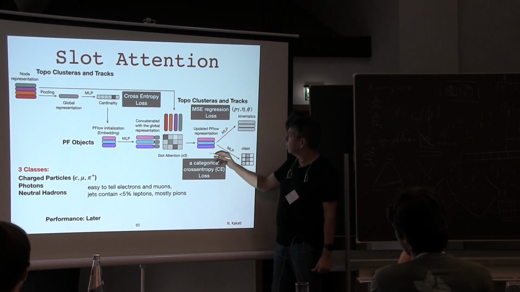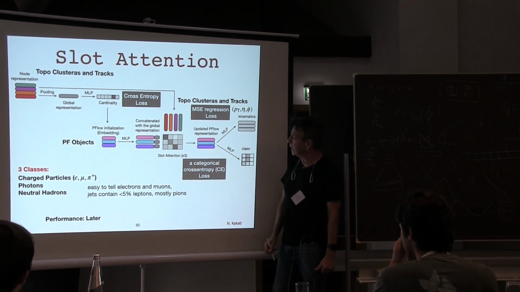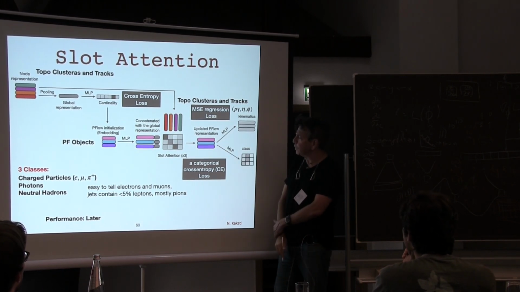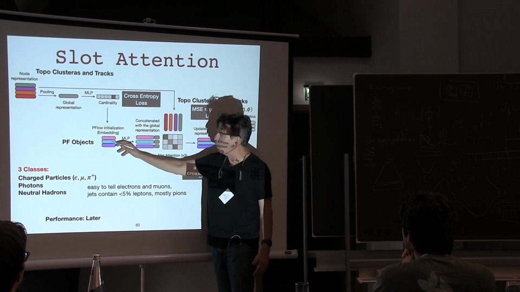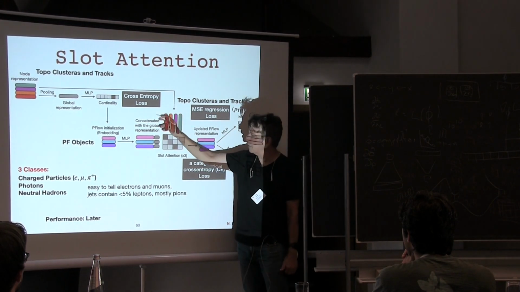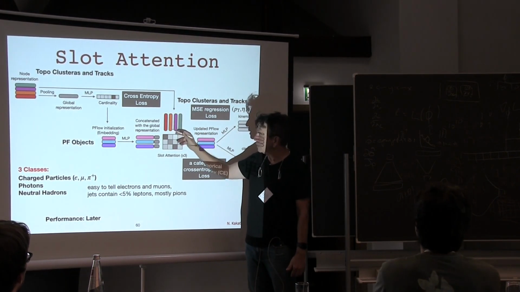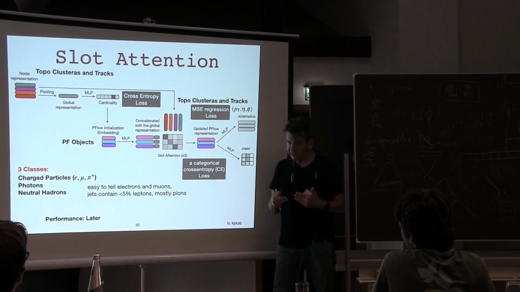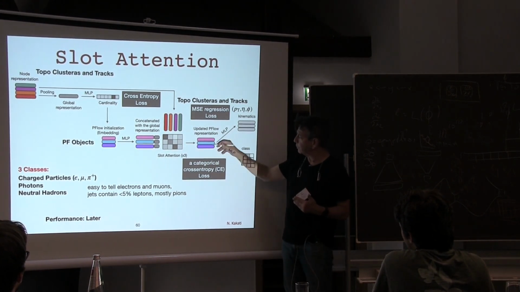So here we have now our final output from the slot attention, which means that these are the particle flow objects that were attended to by the cells and tracks with the right amount. It learns it, and it gives us the object on which we operate two MLPs.